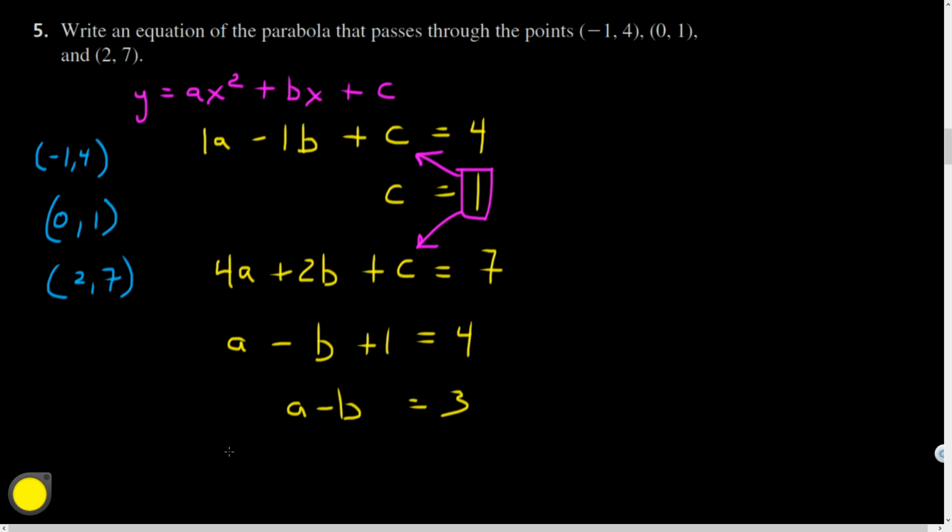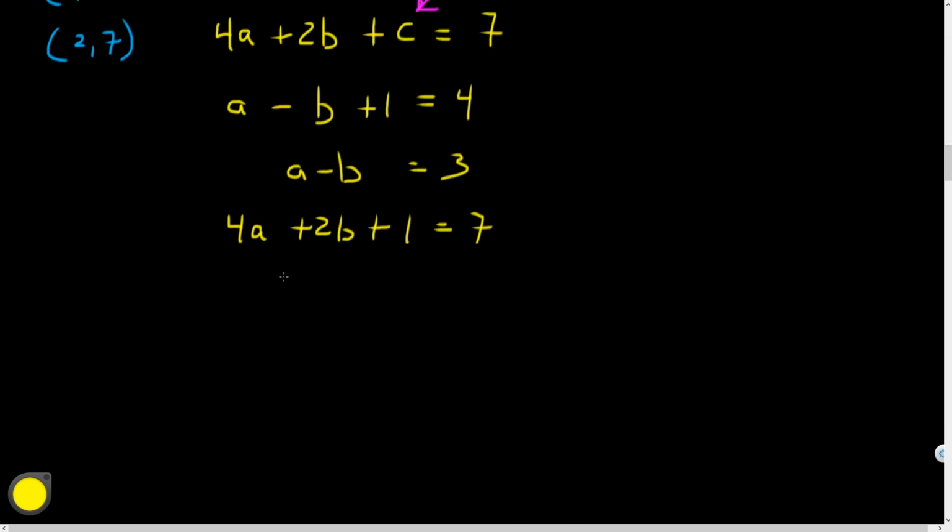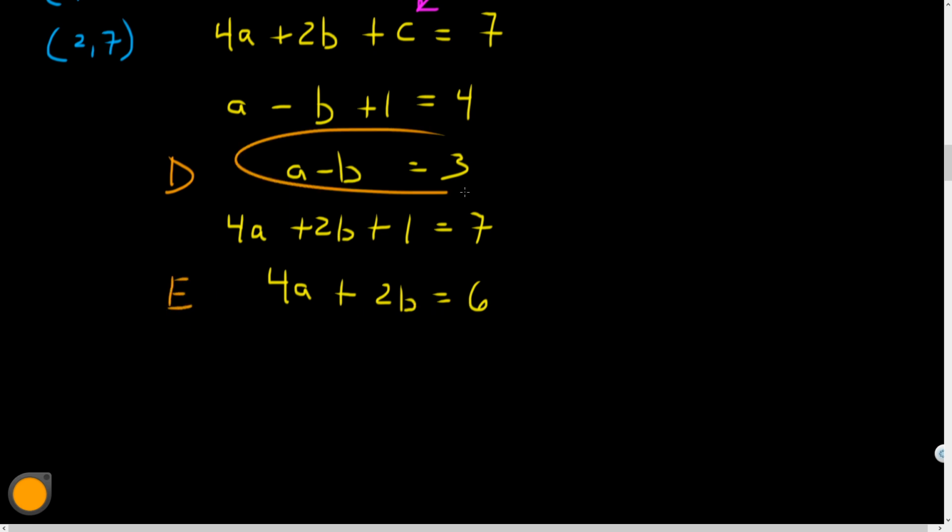This equation here, I would have 4a plus 2b plus 1 equals 7, and then subtract that 1 from both sides, and I would have 4a plus 2b equals 6. Here's what I typically would have called my equation D, and here's my equation E, and it's a system of equations with 2 variables and 2 unknowns, solvable using our previous strategies.